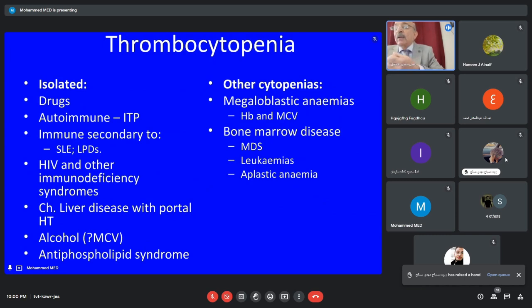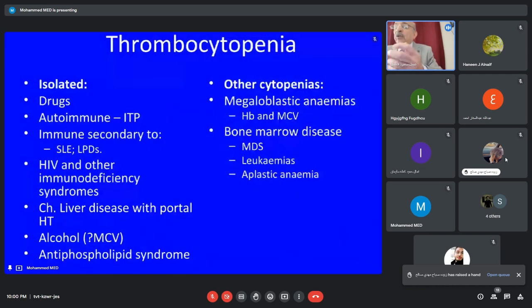But in these cases, they will be prone to some types of infection, particularly pneumococcal, and you must vaccinate them with the pneumococcal vaccine, and you see the patient frequently.